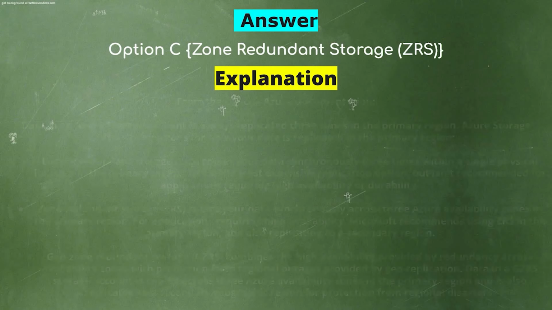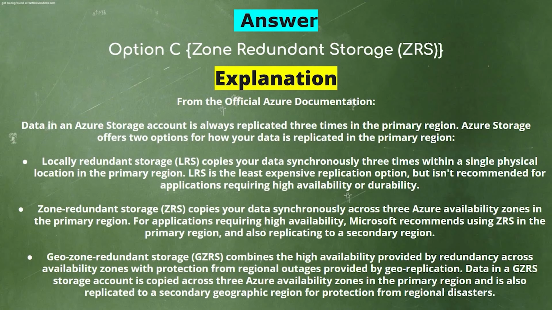Explanation. From the official Azure documentation, data in an Azure storage account is always replicated 3 times in the primary region. Azure Storage offers 2 options for how your data is replicated in the primary region. Number 1. Locally redundant storage copies your data synchronously 3 times within a single physical location in the primary region.